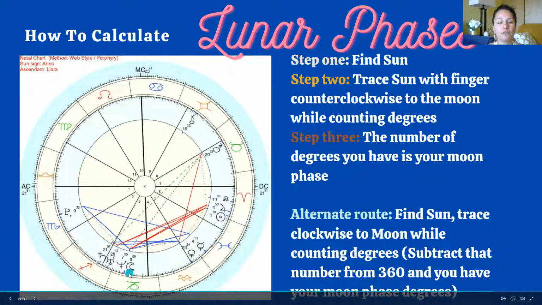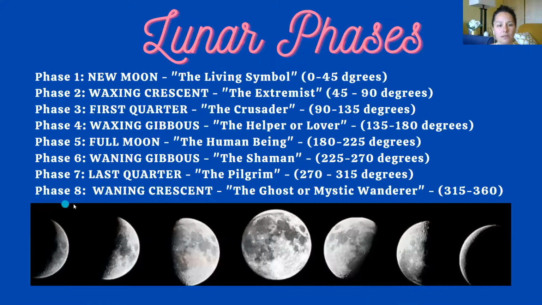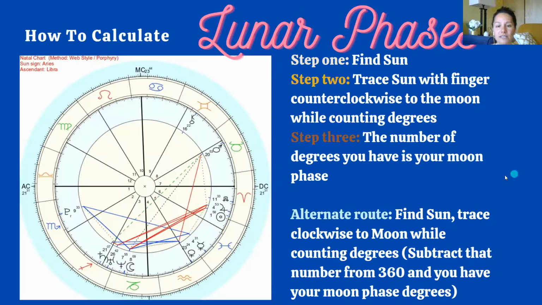So someone born about a week after me would have their moon conjunct the sun, and it would either be a new moon if it was a little bit past, or still in the waning crescent if it was anywhere between 315 and 360, which is a different phase.